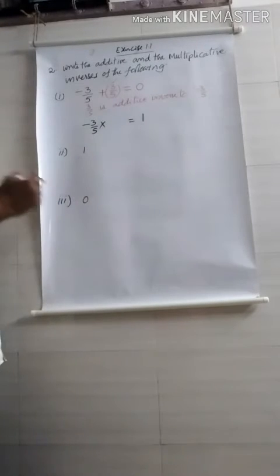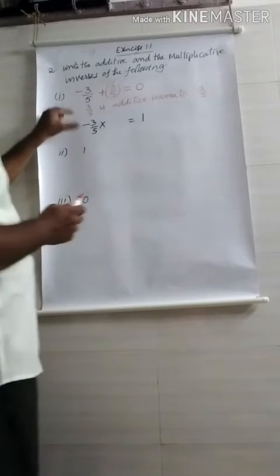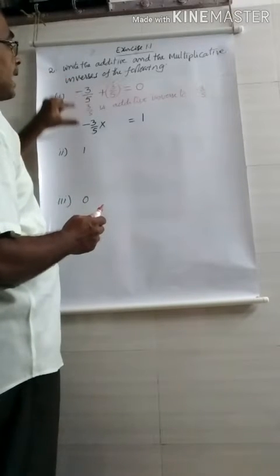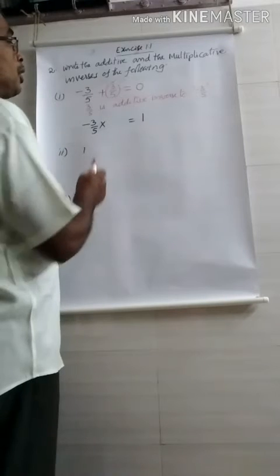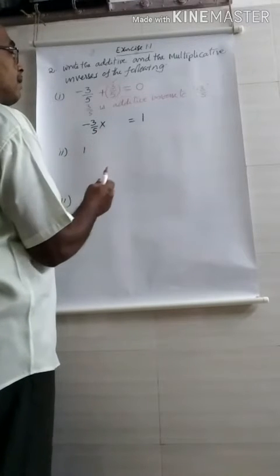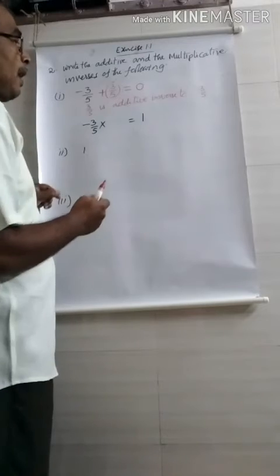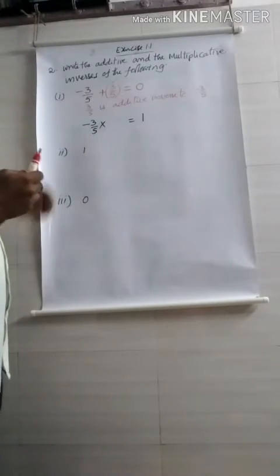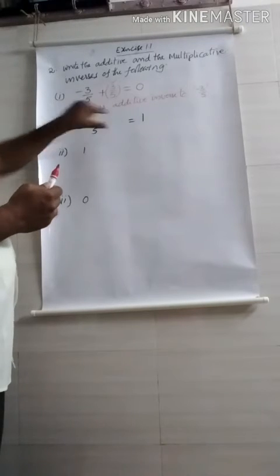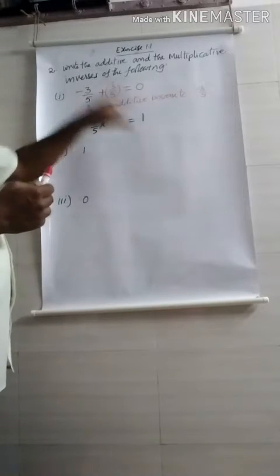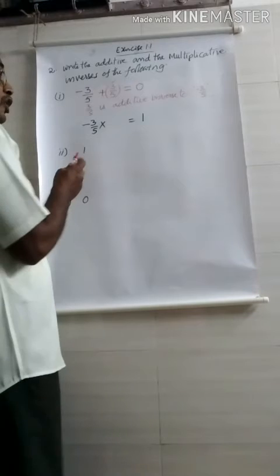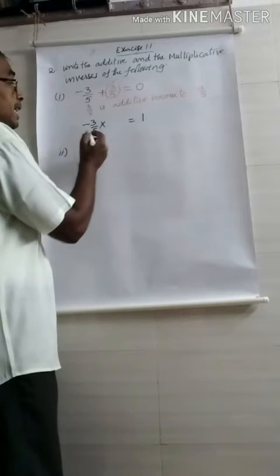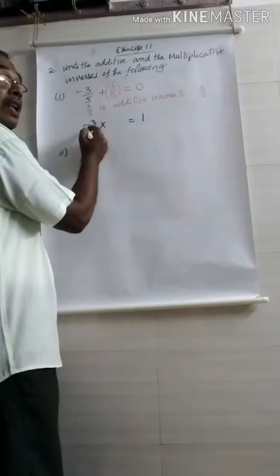To get 1. -3/5 is the given rational number. You multiply it by another rational number, then you get 1. What gives us 1? What do we write in this blank to get 1? So simply you write the reciprocal of the given rational.